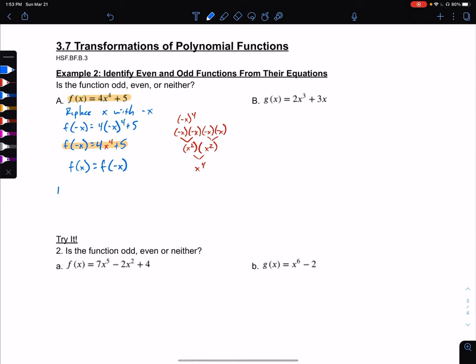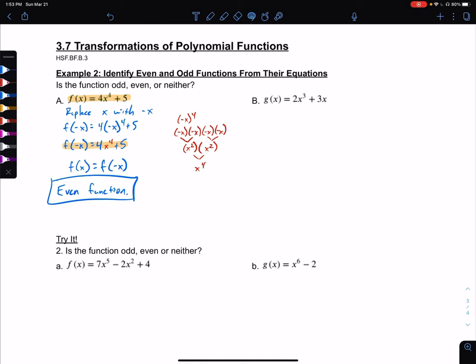And what that tells me is that this is an even function. Again, if f of x and f of negative x wind up being the same, then it is an even function. And that's it. That answers the question for part A.